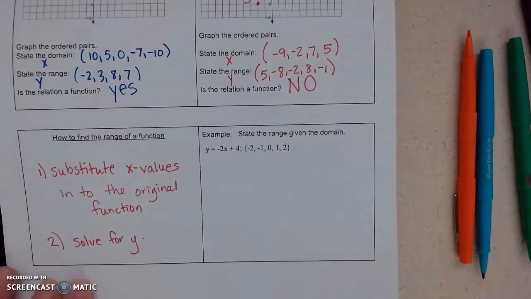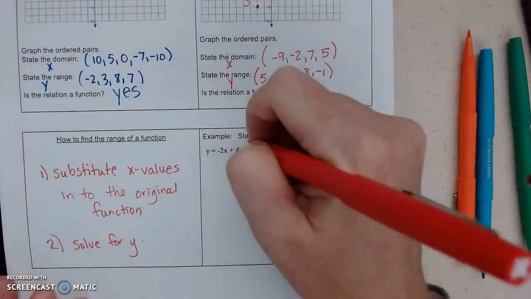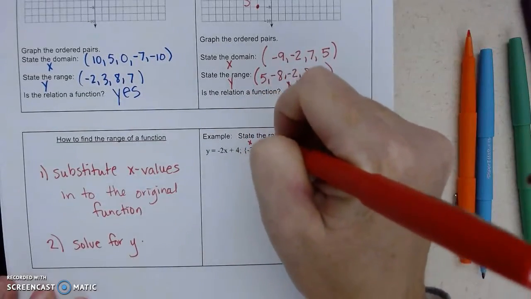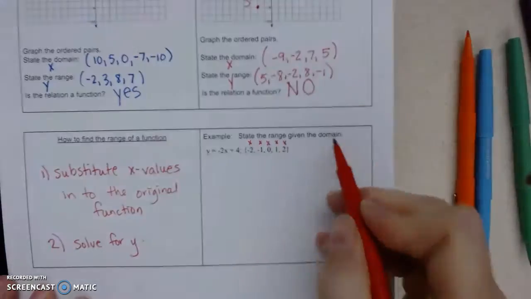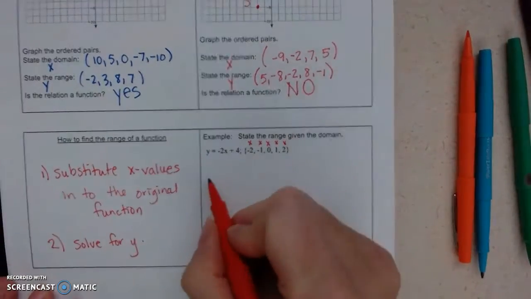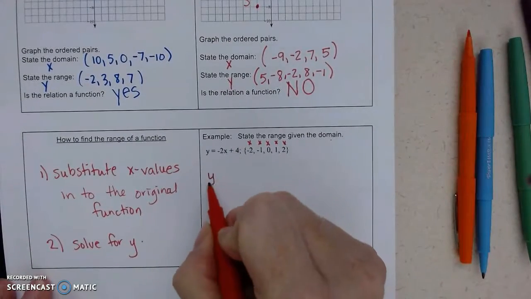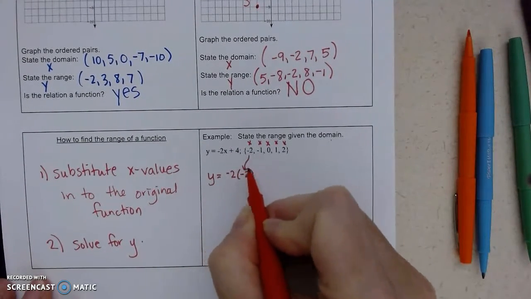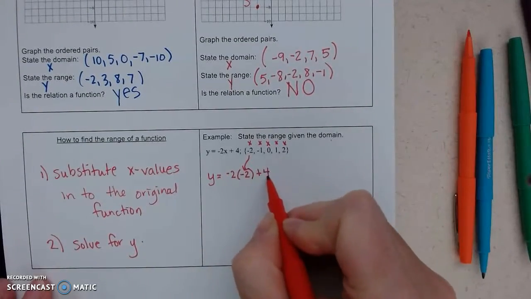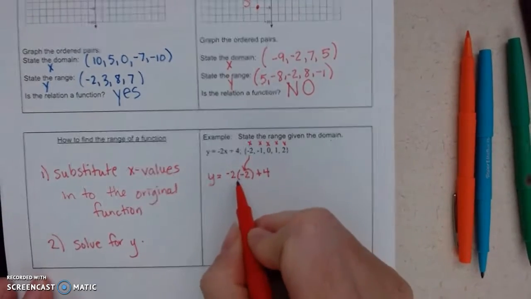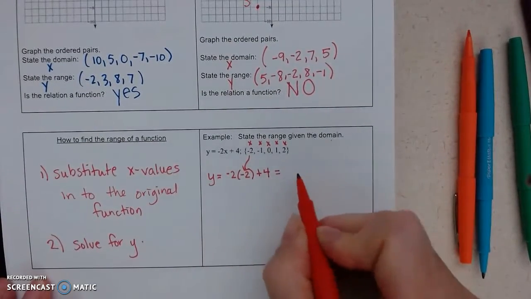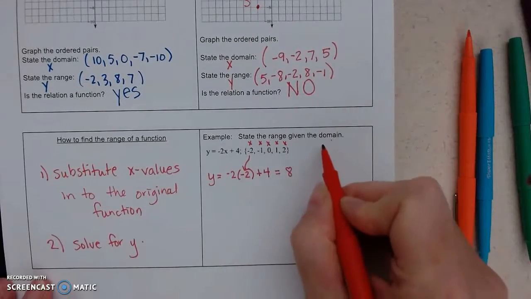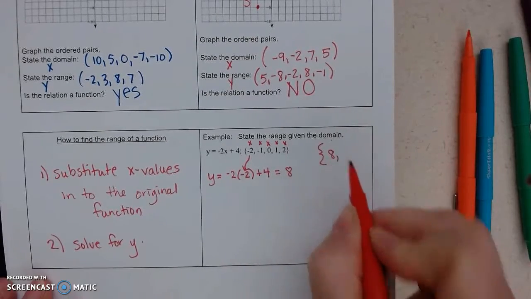And then repeat as necessary. So these are all x values because that's given the domain. So if x equals -2, y equals -2 times that -2, I'm going to plug it in, plus 4. So 4 plus 4 gives us 8. So that's my first range.